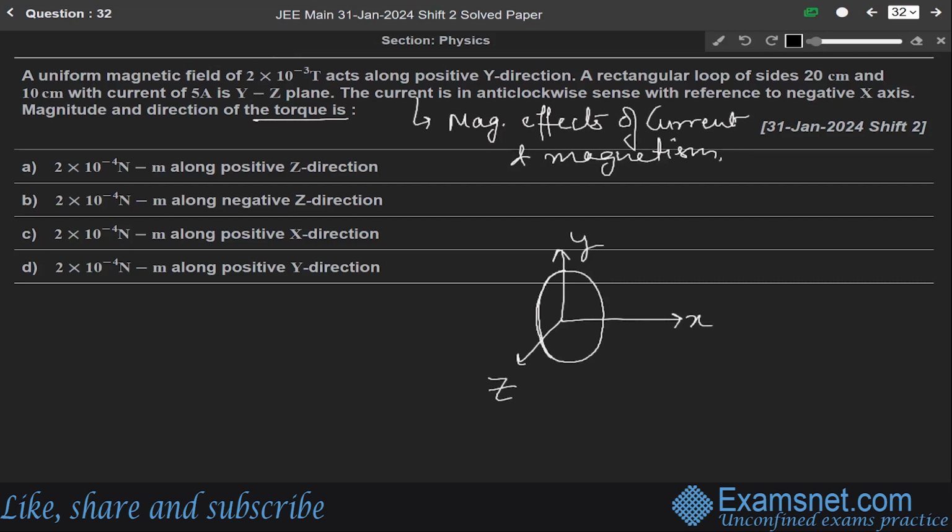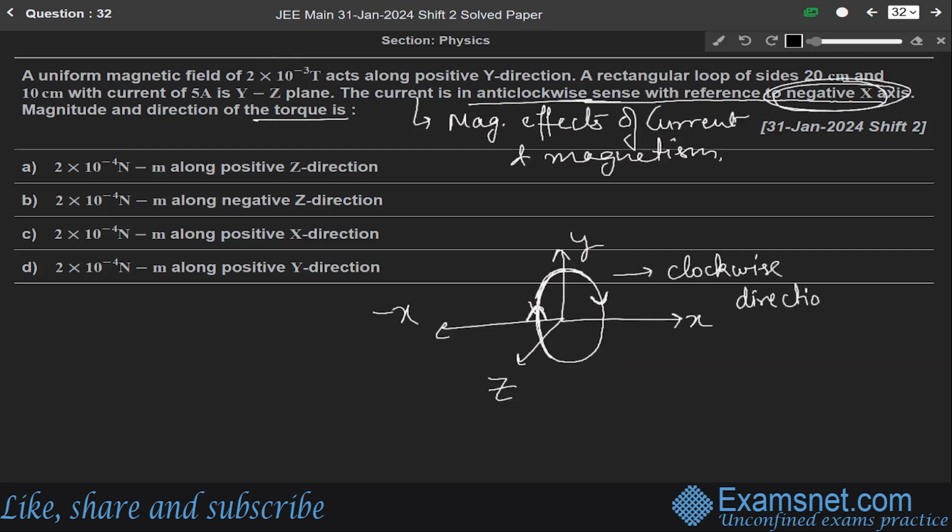The current is in an anticlockwise sense with reference to the negative x-axis, which means with reference to the positive x-axis it is flowing in the clockwise direction.